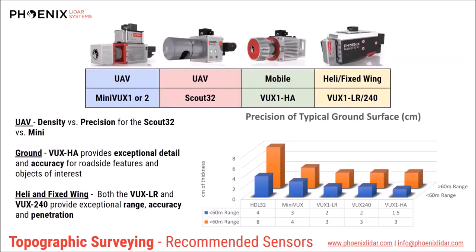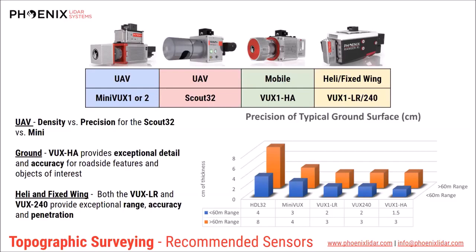So our highlighted sensors for the topographic industry focus on two different UAV platforms. First off, the miniVUX-1 or 2, we offer both in our portfolio, has tremendous precision and wonderful reliability of capture. It's a very light system, so it has very long flight times and provides great accuracy and precision. Scout 32 has 32 lasers with a 40-degree vertical field of view.